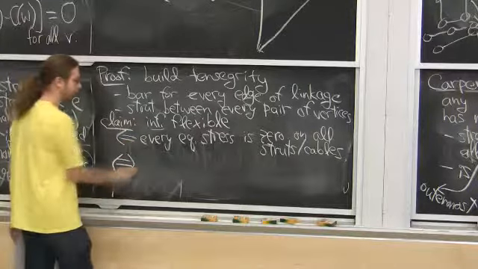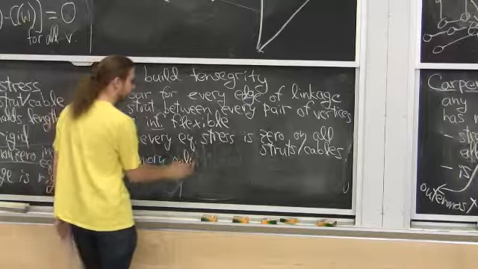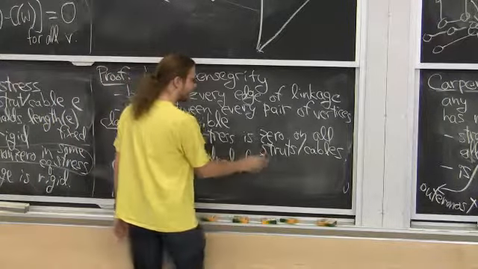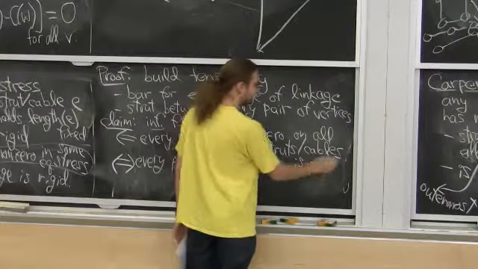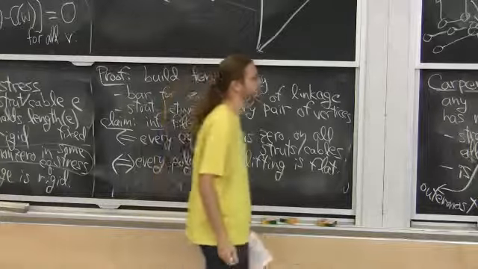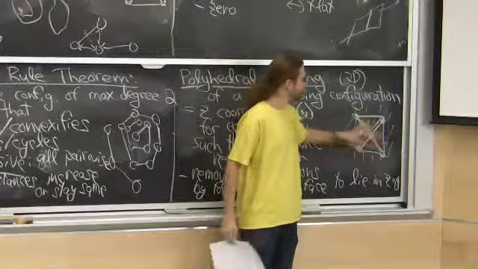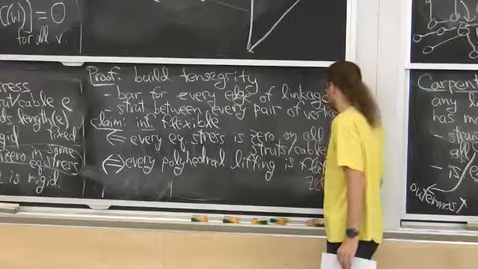This will be true if and only if every polyhedral lifting is flat. So I guess in our case it will be 0 because the outside face sets all the z coordinates to 0, so everything else will have to be in that plane. So all the z coordinates will be 0.